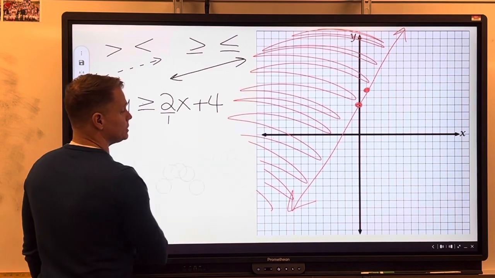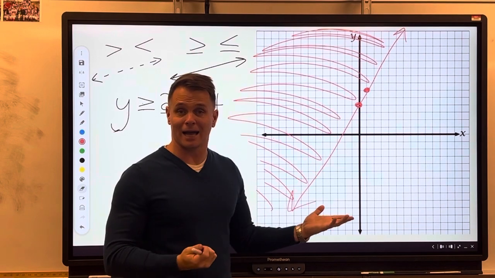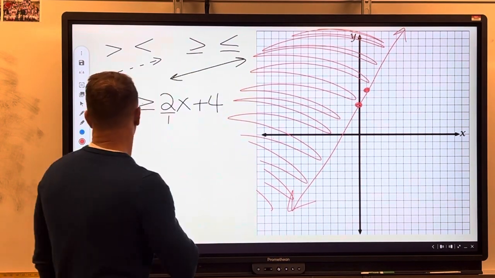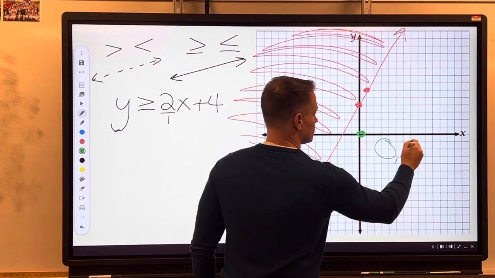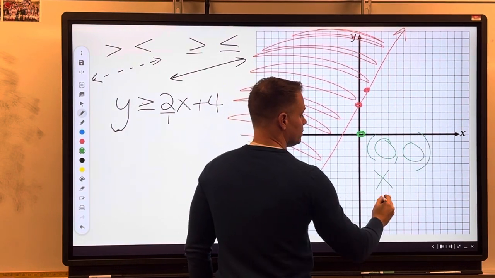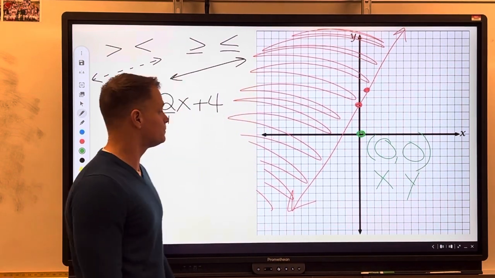Now, another way I could do this is I could just pick a point that is not on this line. 0, 0, for example. 0 is the x value and 0 is the y value. That's the easiest thing to choose.